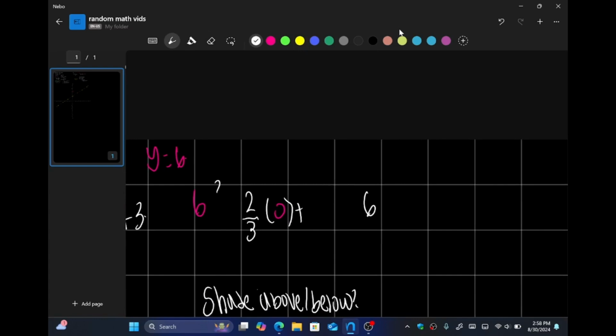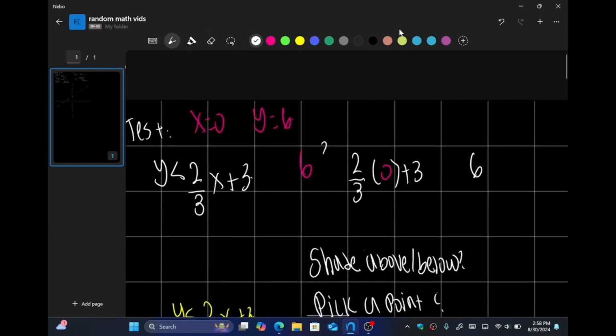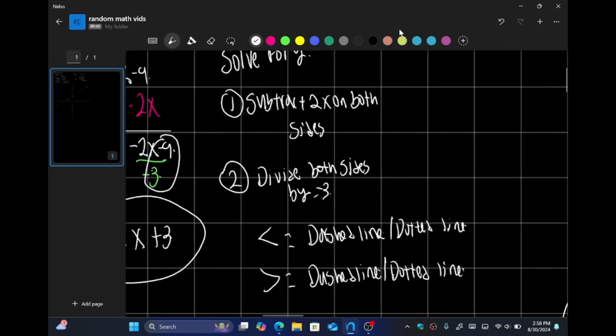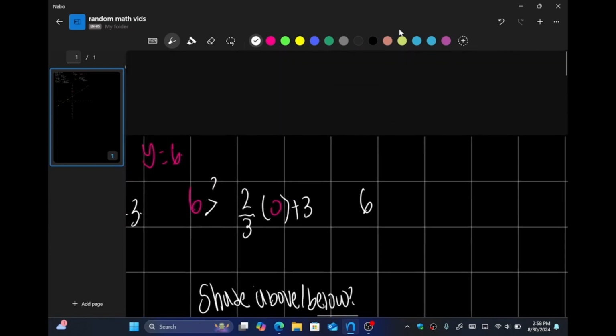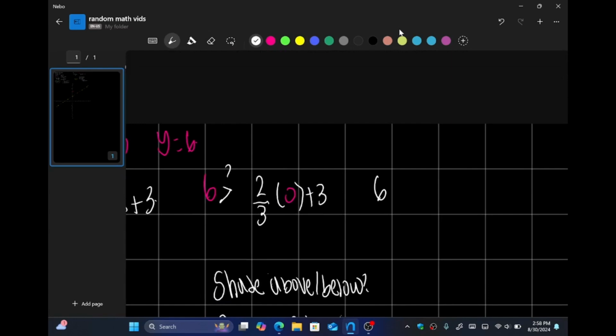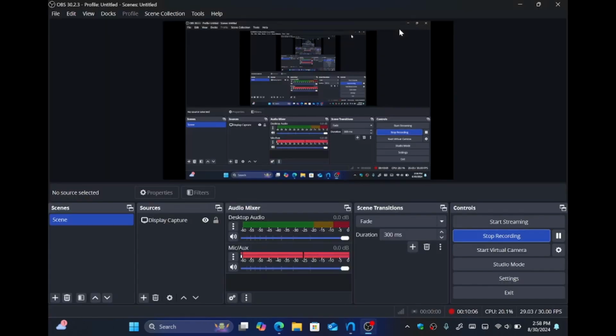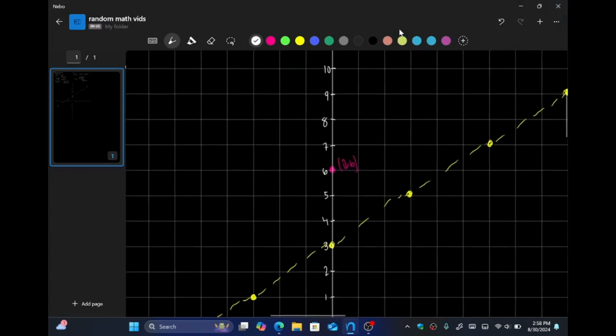So is 6 greater than 2/3 times 0 plus 3? We have 6 greater than 0 plus 3, which is 6 greater than 3. We can verify that that is true.